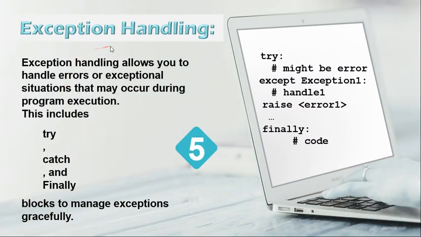Exception handling is the next structure. Exception handling allows you to handle errors and exceptional situations that may occur during program execution. There are many situations that a programmer predicts a line of code or a block of code might be troublesome, and it may throw traceback errors or some error and halt the program.